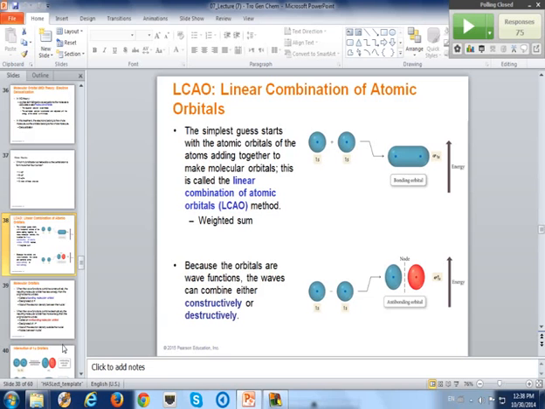Recall by the energy diagram, right? We bring the atoms together, and as we bring the atoms together, the atomic orbitals on the two hydrogen atoms overlap.